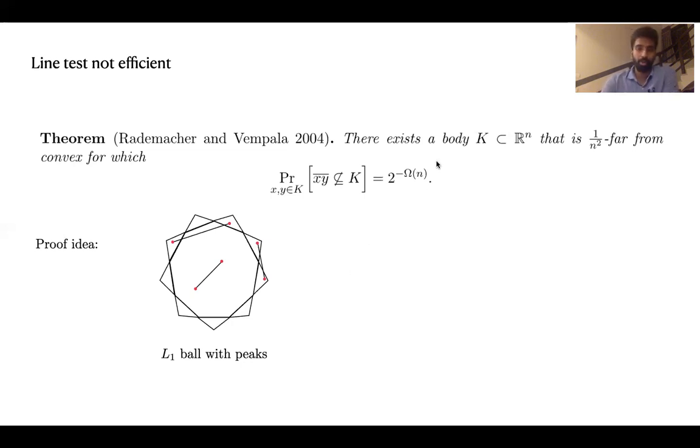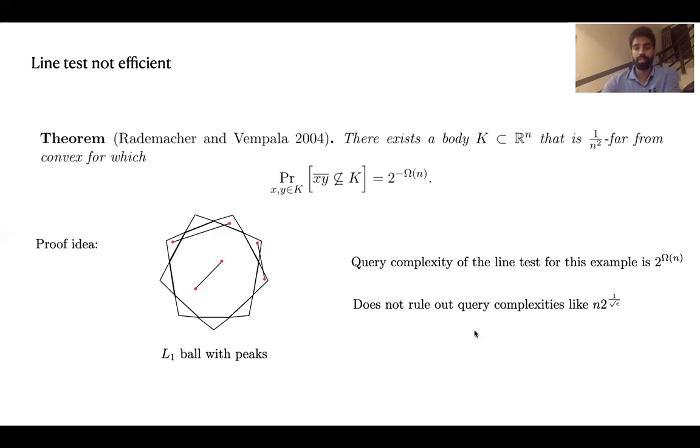Because the probability that the line goes out is exponentially low, if you want the line test to work for this particular example, your query complexity would be exponential in n. So does that mean the line test is inefficient? It's not entirely clear from this theorem, because it doesn't rule out query complexities like n to the power n times 2 to the power 1 over square root epsilon.